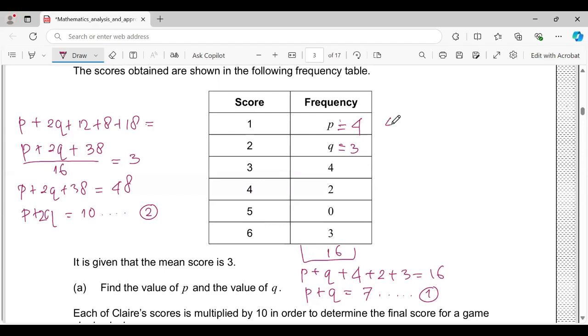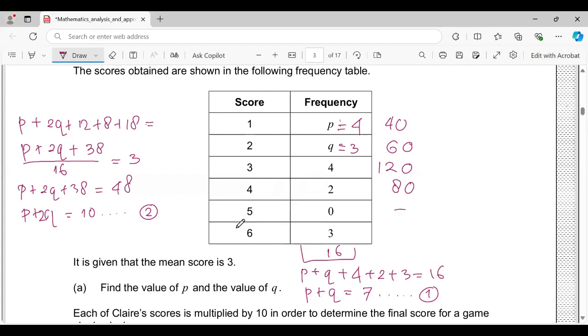It is 40. 2 times 3 times 10, 60. 3 times 4 times 10, 120. 4 times 2 times 10, 80.